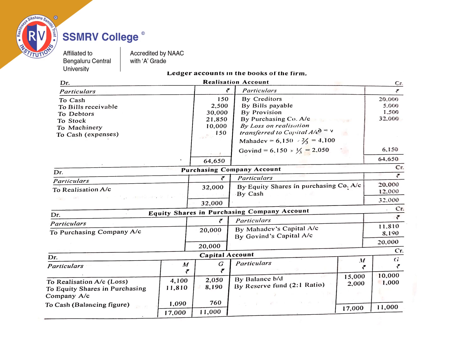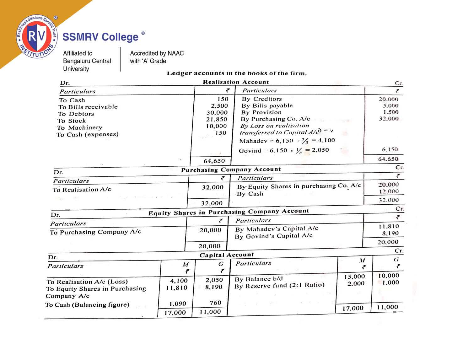Then the next account that we are supposed to prepare is the purchasing company account. Here we make note of two entries. The first entry is for the purchase consideration due. The entry will be purchasing company account debtor to realization account. So on the debit side, we write it as to realization account 32,000.